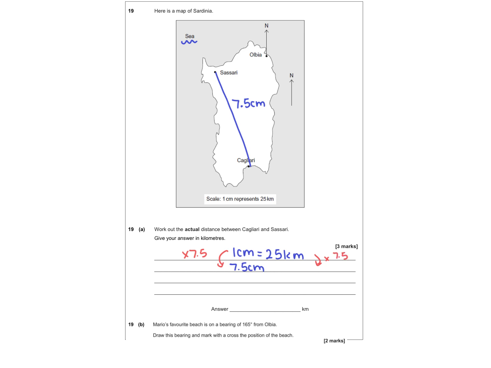So 25 times by 7.5. I think that the answer could have been bigger than that, as in I don't remember what the 7.5 was actually supposed to measure to. I don't have the mark schemes with me, so I'm sorry. But when I multiply that, I get 187.5, and then that is it. They said give your answer in kilometers, so I am done.